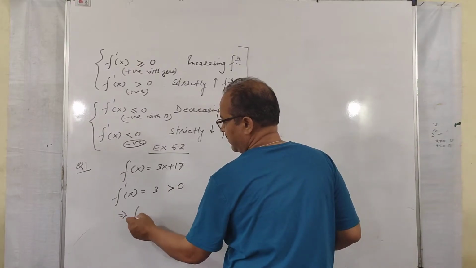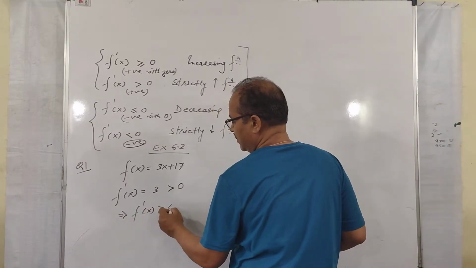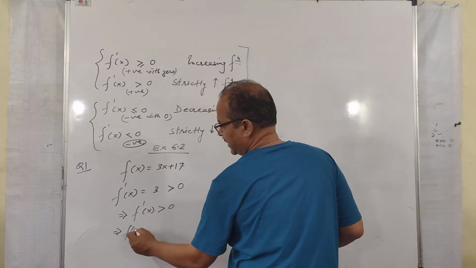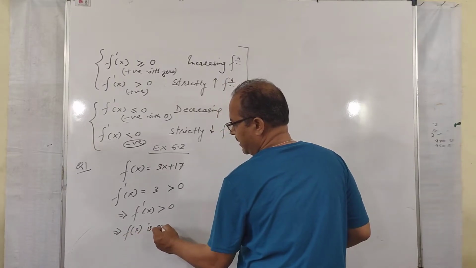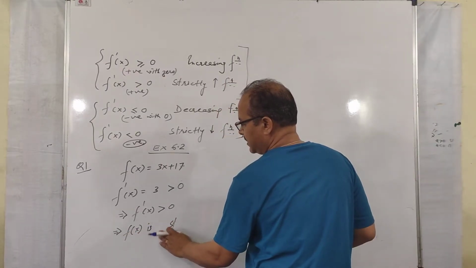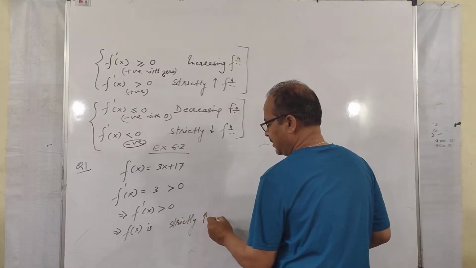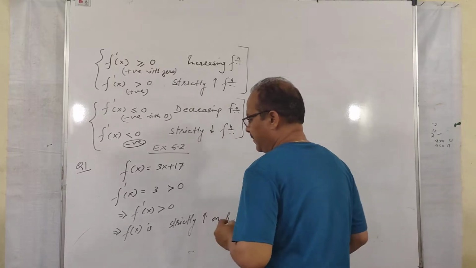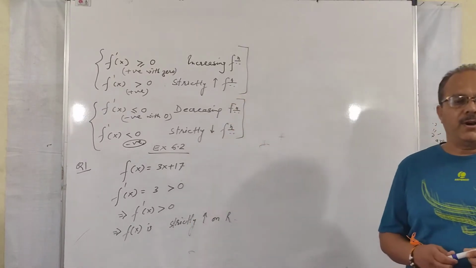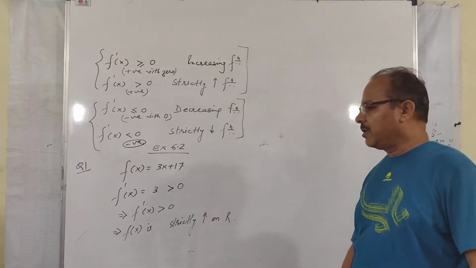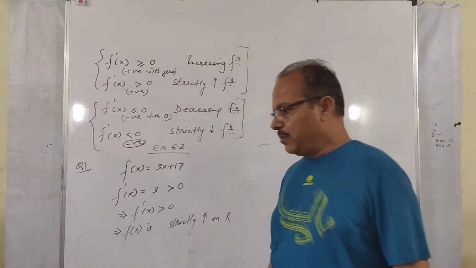This implies that f dash x is greater than 0. So, f(x) is strictly increasing on R. So, this is the way how we solve these questions. Now, let's move on to the next one.